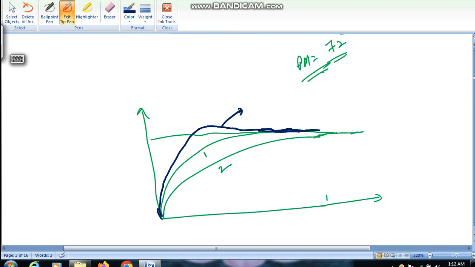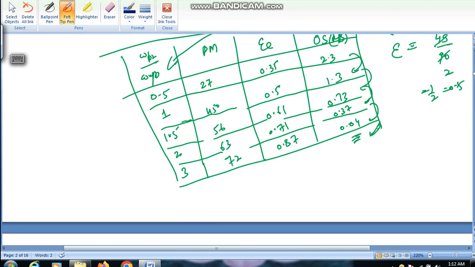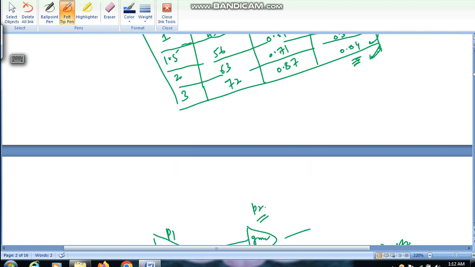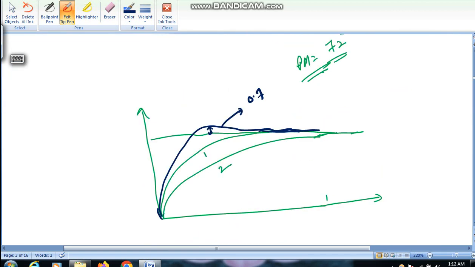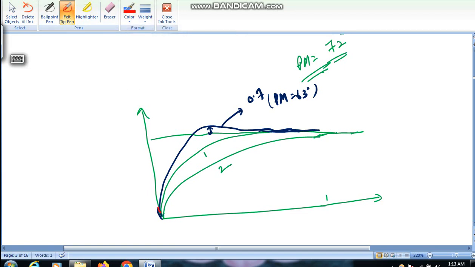This is damping factor of 0.7, and this is very small overshoot. From above we can see 0.7 means this is 63-degree phase margin.